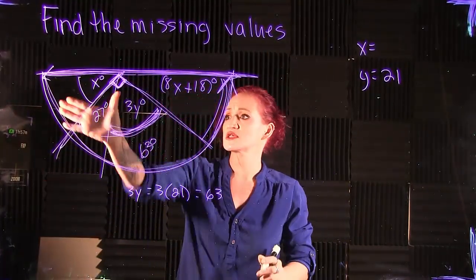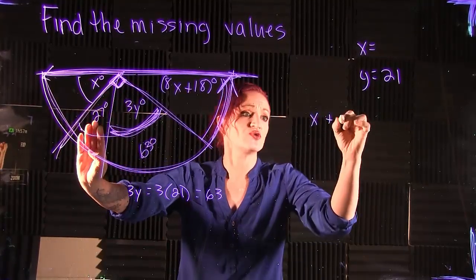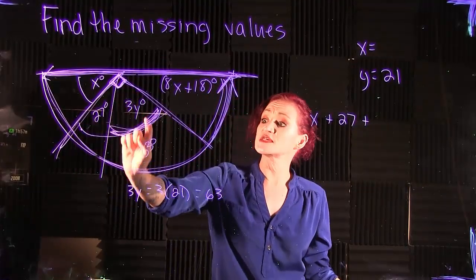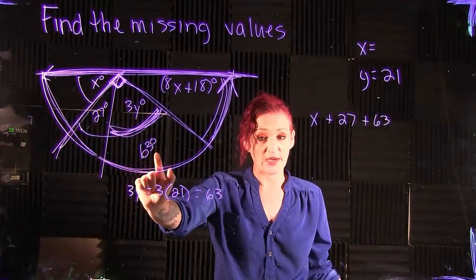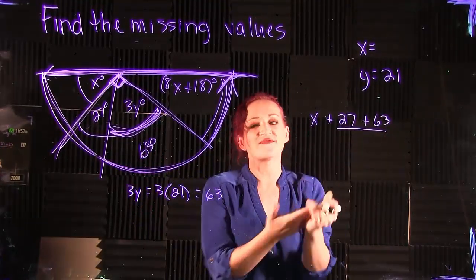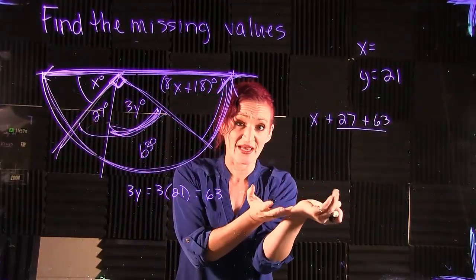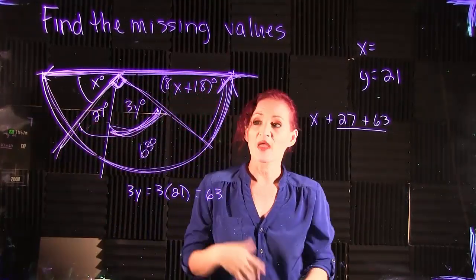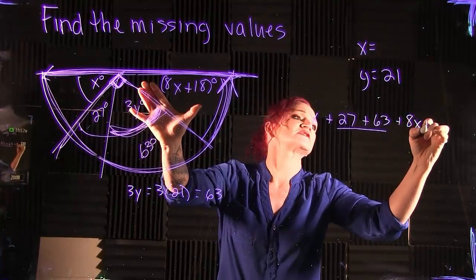So I'm going to say angle 1, which is x, plus angle 2, which is 27, plus angle 3, which is the 3y, but we also calculated that that is 63. You can also call 27 and 63, if you want to add these together and call that 90, you definitely can, because we already know these two angles are 90. And then plus our angle 4 over here, which is 8x plus 18.